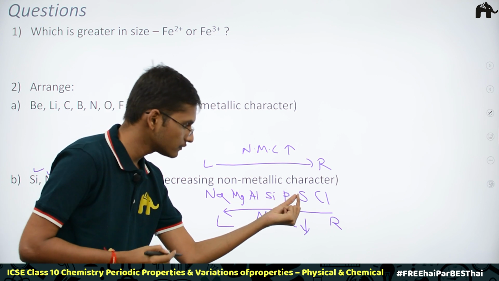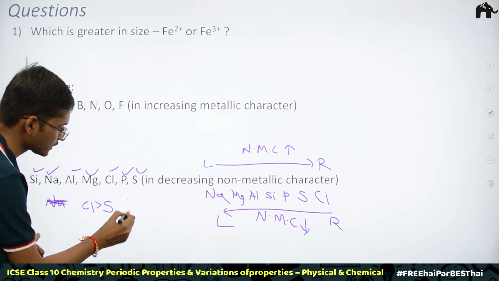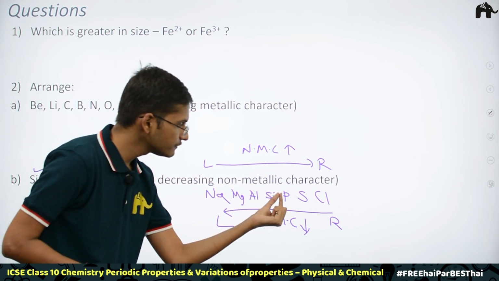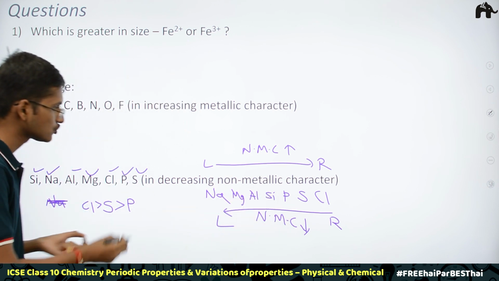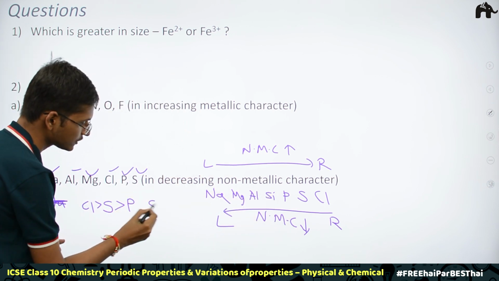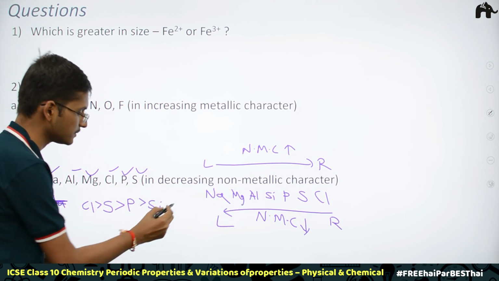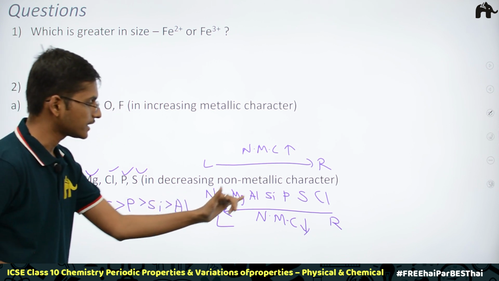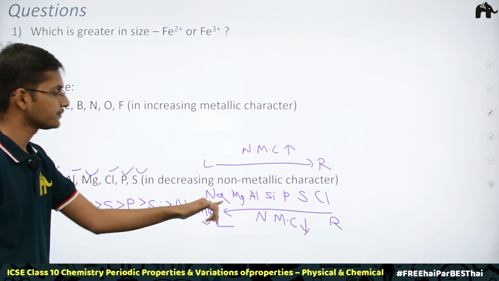Moving from sulfur to phosphorus, non-metallic character decreases, so phosphorus has less than sulfur. From phosphorus to silicon, it decreases again, so silicon has less than phosphorus. Aluminium has less than silicon, and magnesium has less non-metallic character than aluminium.